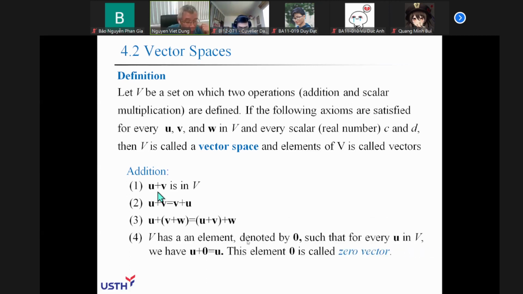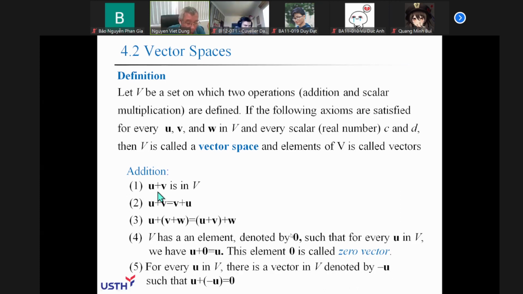Number 4 says that inside the set V, we have a very special element denoted by zero vector, so that for any other U in V, we have U plus zero vector equals U. In that case, that element will be called a zero vector.